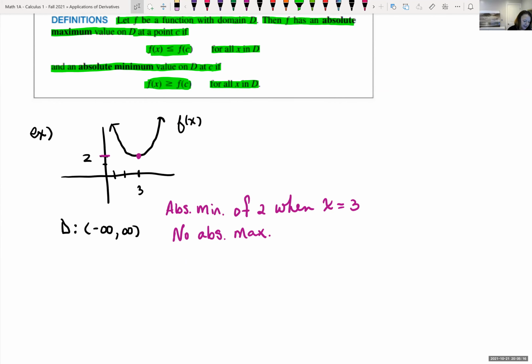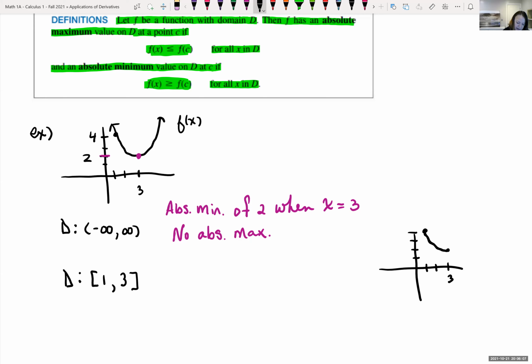Let's say our domain here is from 1 to 3. At 1, we have 4, and it's coming down, and at 3, we had 2.